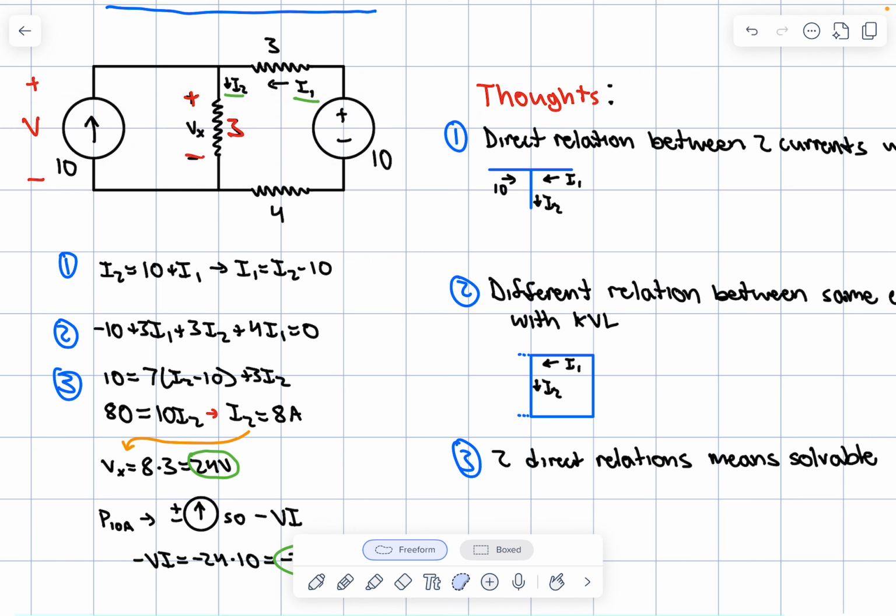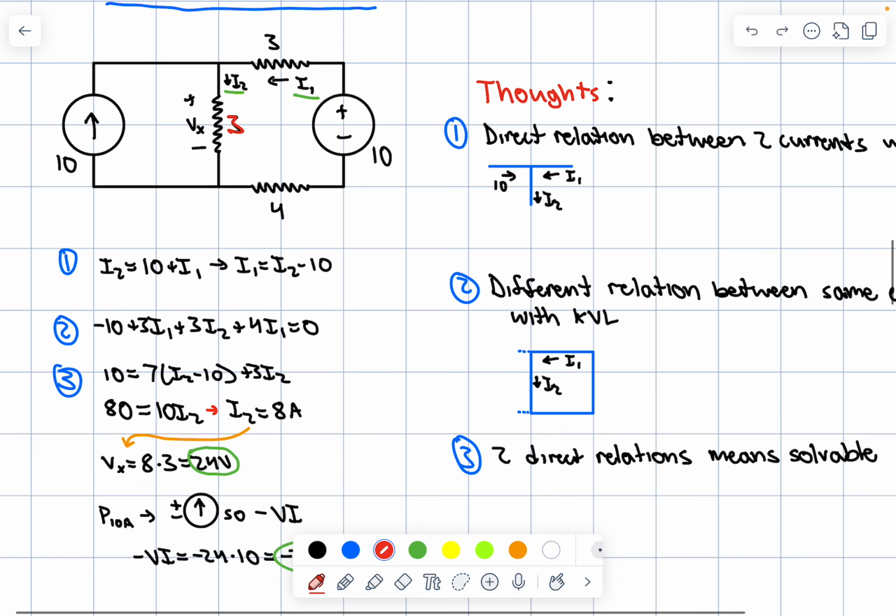Okay, so we're going to plug in. We have that voltage of Vx, which will be 8 amps from I2 times the 3 ohms, so 24.